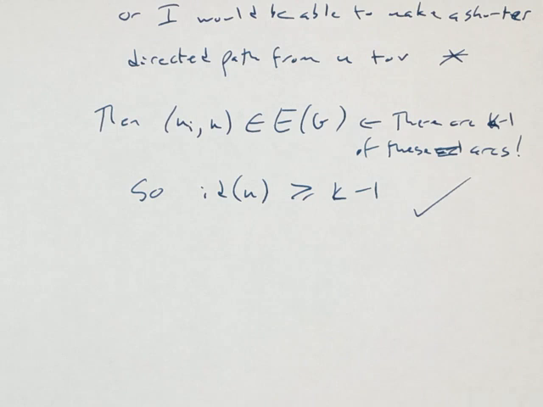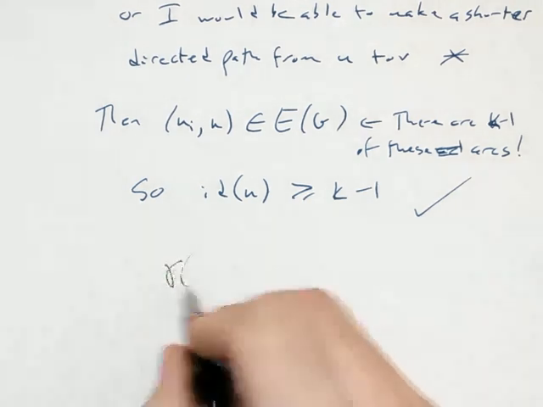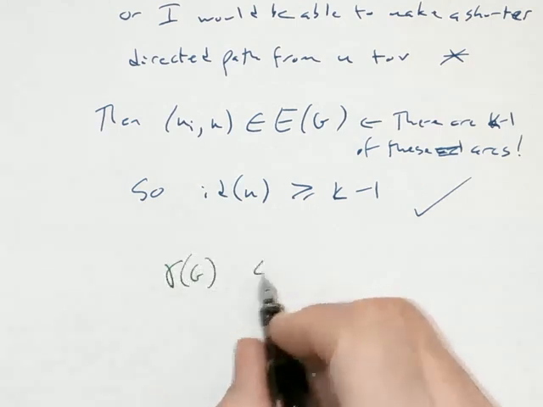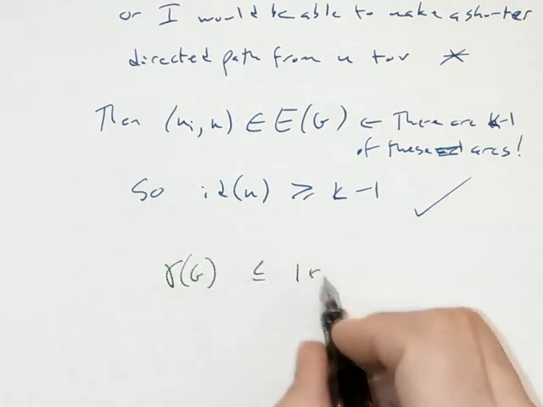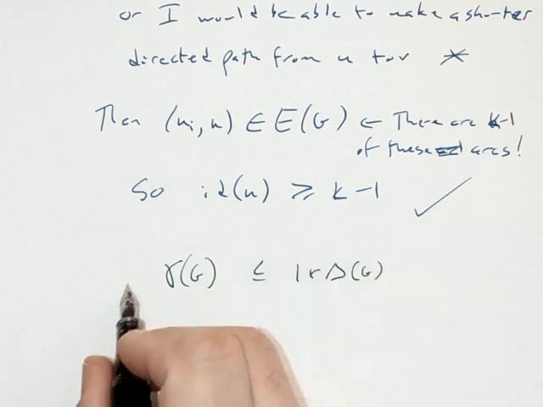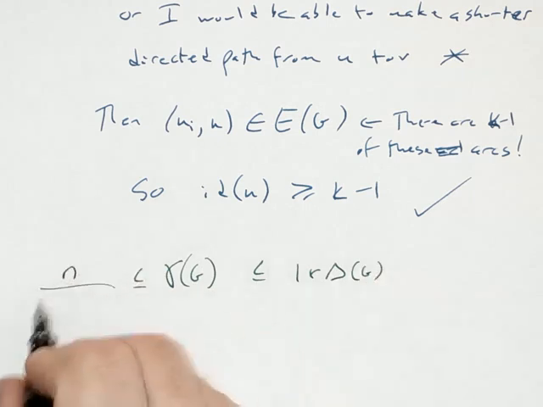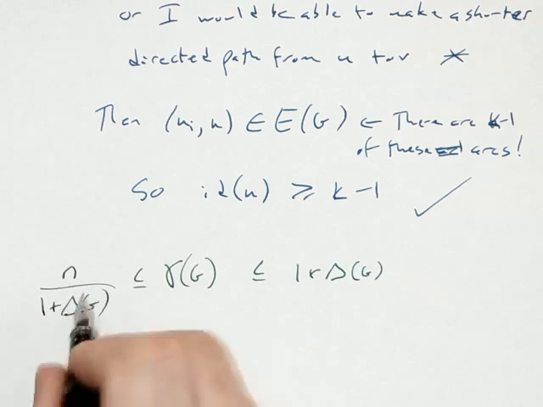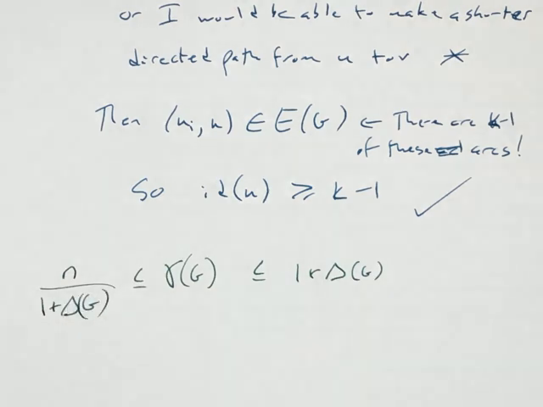Most of the time, that's the degree argument, right? The domination number must be bounded between N over 1 plus the maximum degree of G, and at most N. So usually I say, well, if I had a 2-vertex dominating set, then this condition would fail.